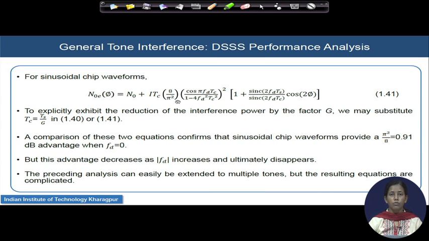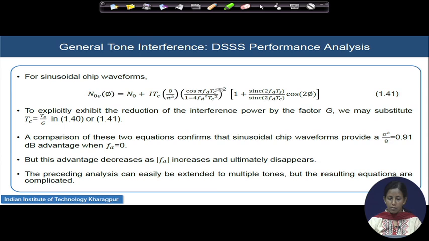What will be the situation if I utilize a sinusoidal waveform? Going back to the module we discussed last, we showed the chip waveform design in the sinusoidal case, and by plugging the expression for the sinusoidal waveform into the equation, we end up with the computation of the one-sided power spectral density of this interfering signal for sinusoidal chip waveforms.